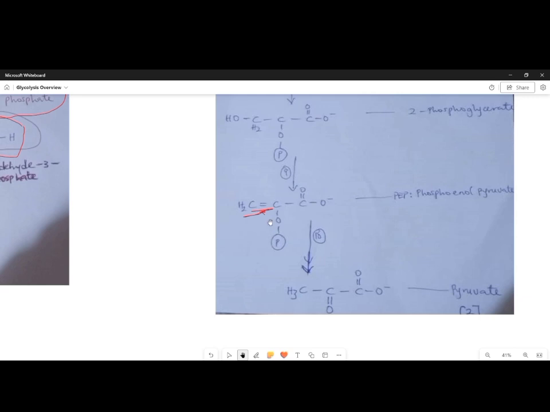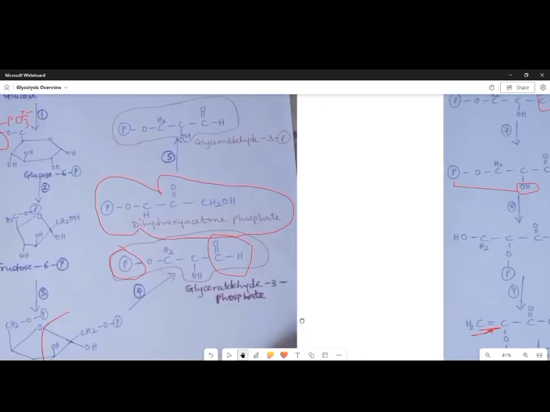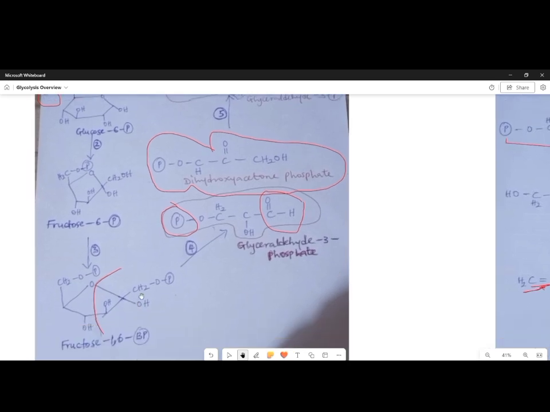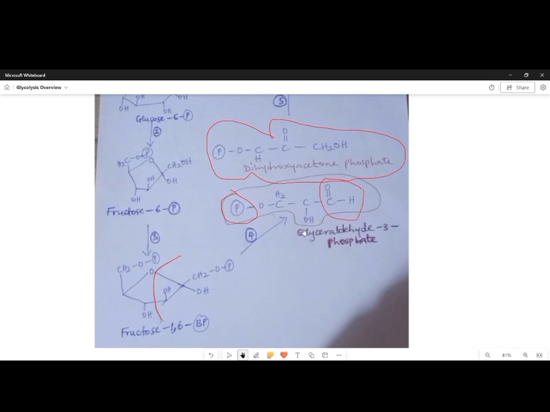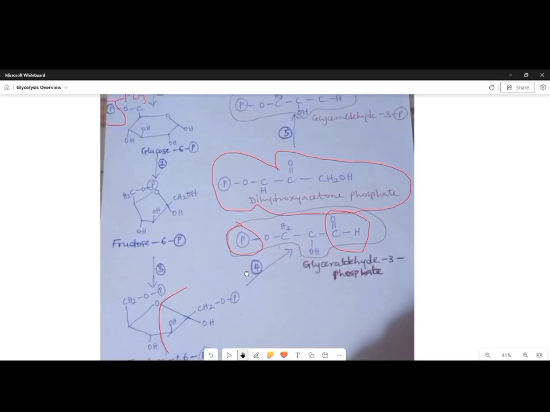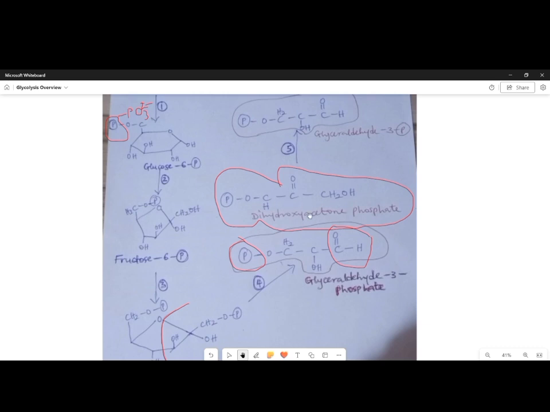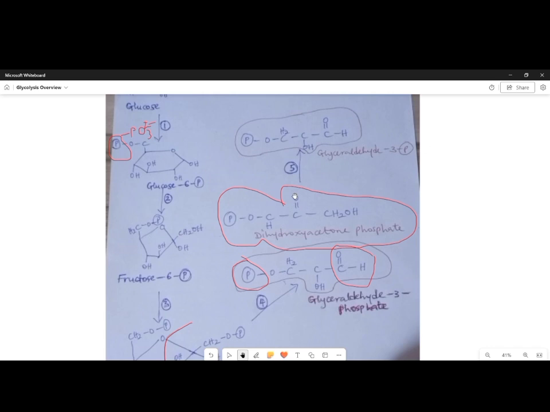Now, this whole process from step 6 to step 10 is actually replicated. So how? You see that in step 4 here, fructose 1,6-bisphosphate is broken down, splitting into 3-carbon sets, one glyceraldehyde directly produced and the other dihydroxyacetone, which is also subsequently converted to glyceraldehyde 3-phosphate.